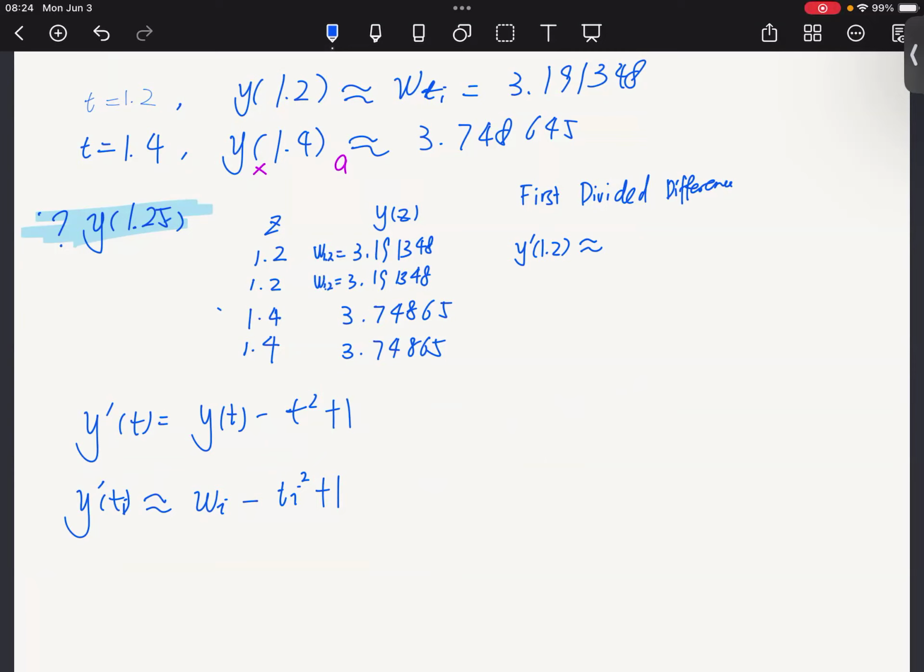And we are going to approximate this derivative with 1.319134, and then minus Ti, which is 1.2 at this point, and then plus 1. And this one equals 2.739964. And this is the first divided difference here.